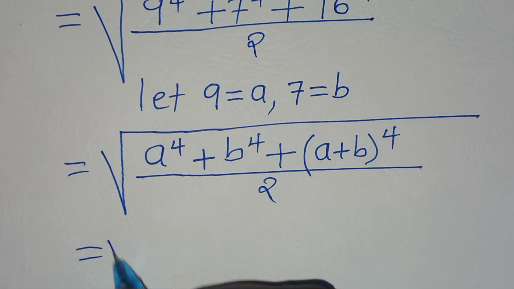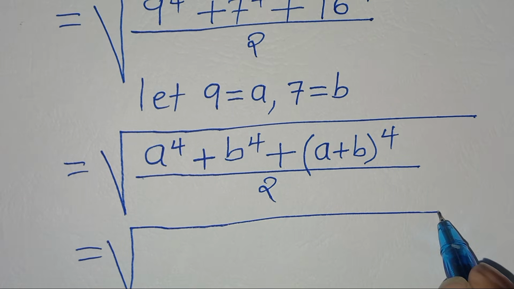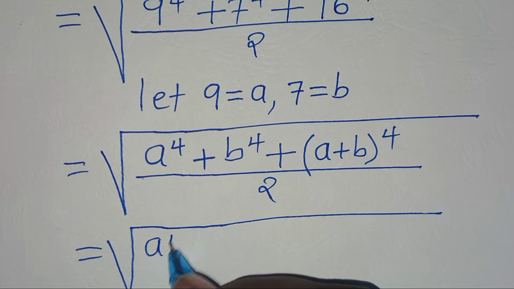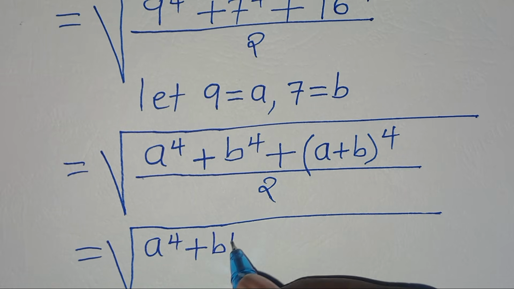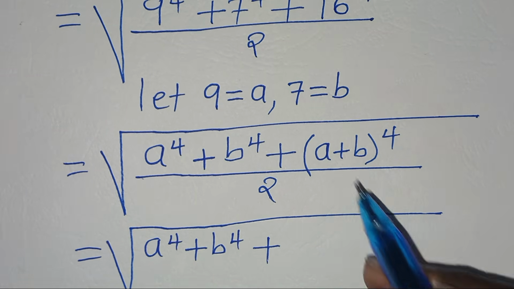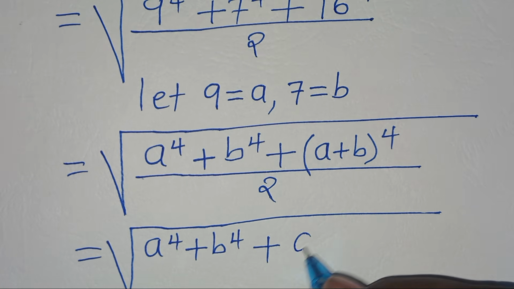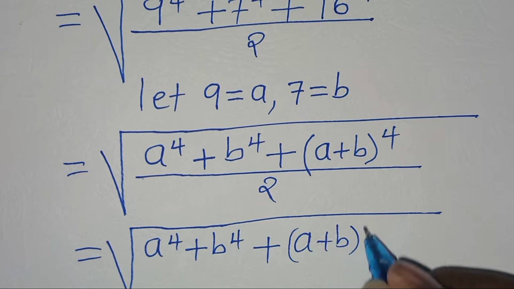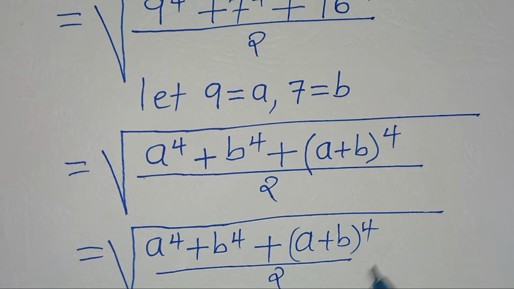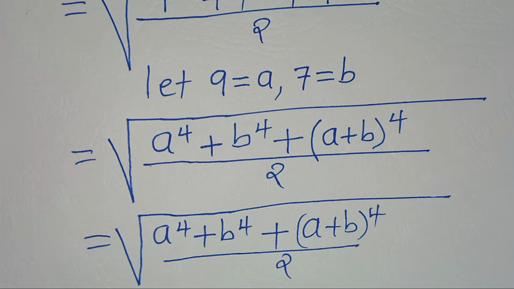Now, this means we have a to the power of 4 plus b to the power of 4, then plus a plus b to the power of 4 divided by 2. Now let's apply Pascal's triangle.